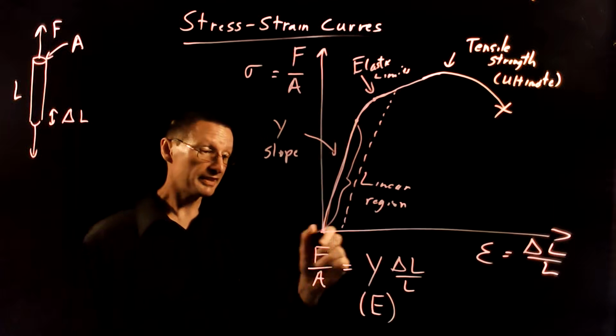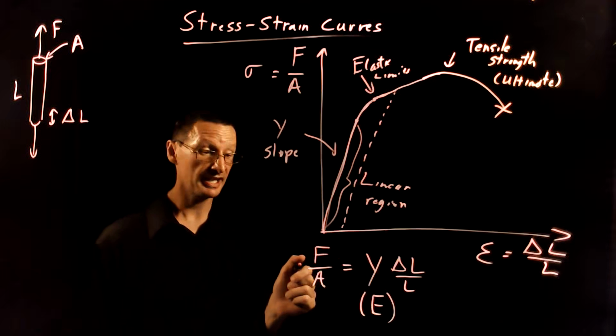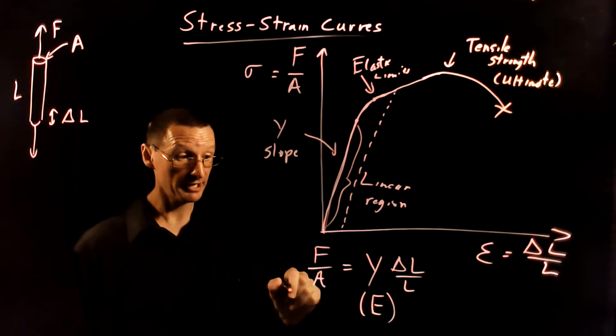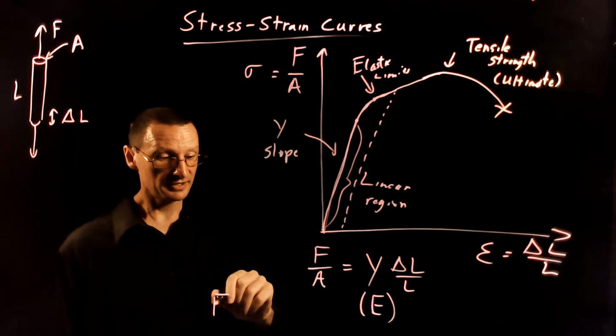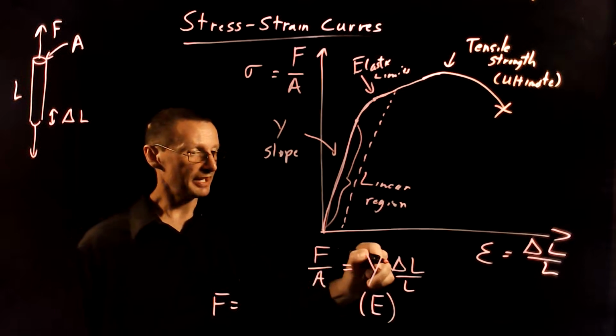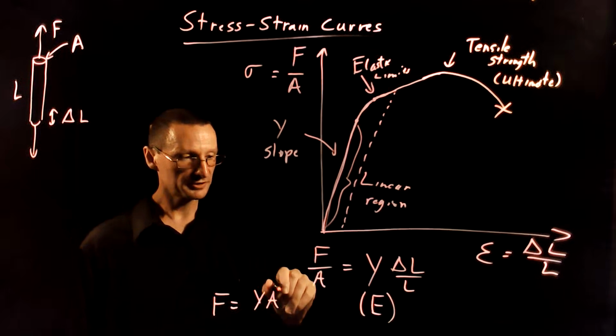The way you can make this expression look just like a spring is if you multiply both sides by the cross-sectional area, to get force on its own. So if you do that, the area goes up top here, and so you have the Young's modulus times the cross-sectional area.